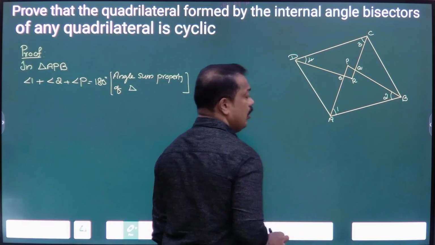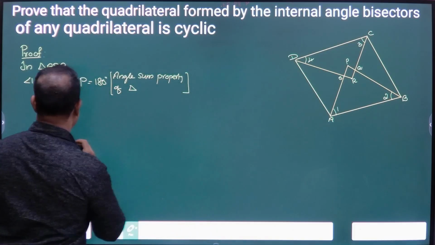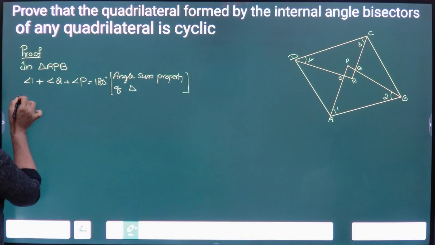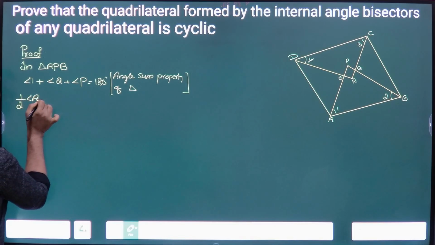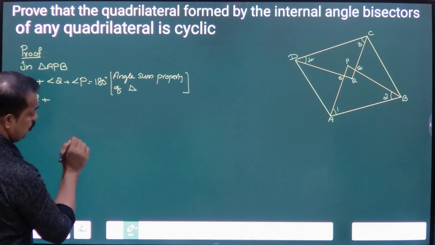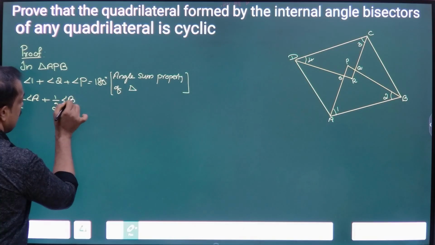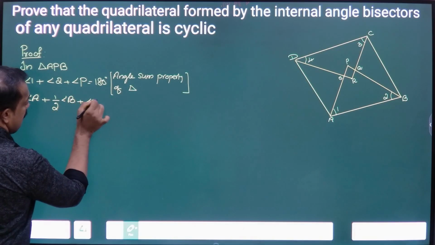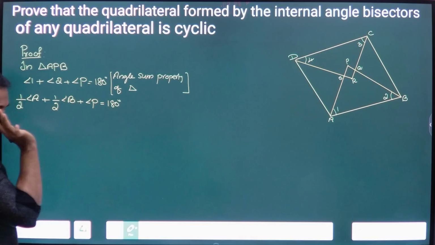So how to convert angle 1 in terms of angle A? Half of angle A, plus how to convert angle 2? Half of angle B, plus angle P equal to 180 degrees, angle P as it is.